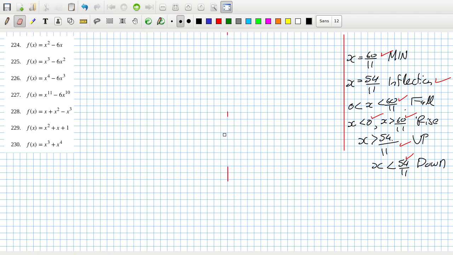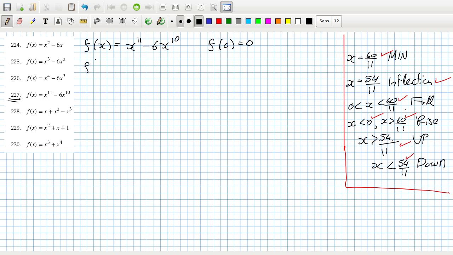I'm going to need a lot of derivatives here to do it the proper way. So at 0, and this is, where is it now? It's this one here, 227. So f(x) equals x^11 minus 6x^10. So the problem is, well, f(0) is 0, by the way.